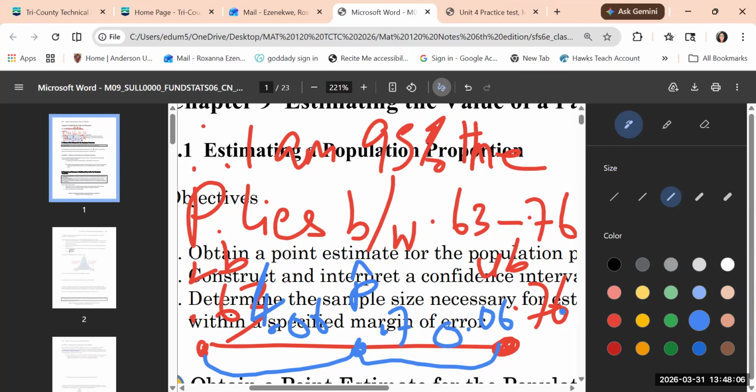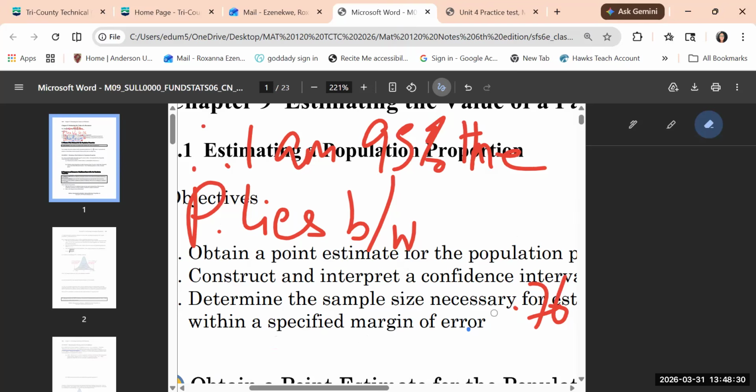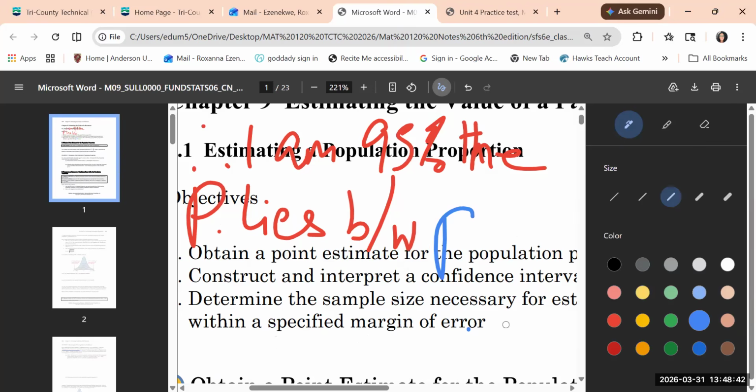I can actually restate my answer. So I am 95% confident that the population proportion lies between the point estimate given to me, p hat, plus or minus margin of error.